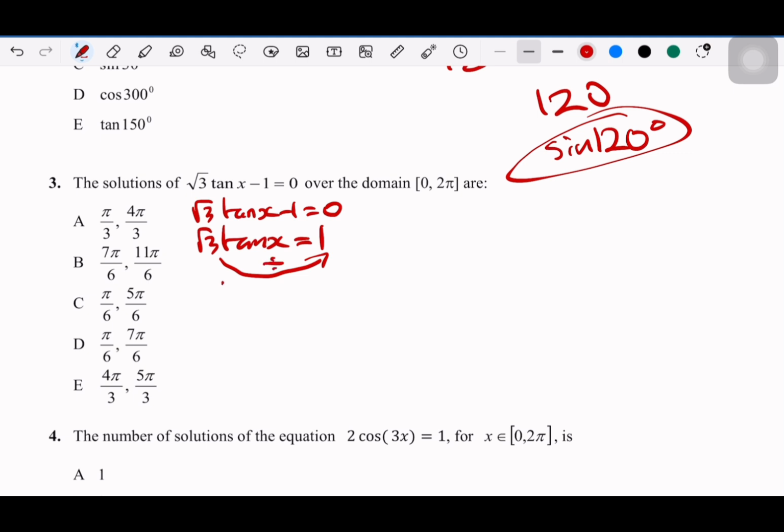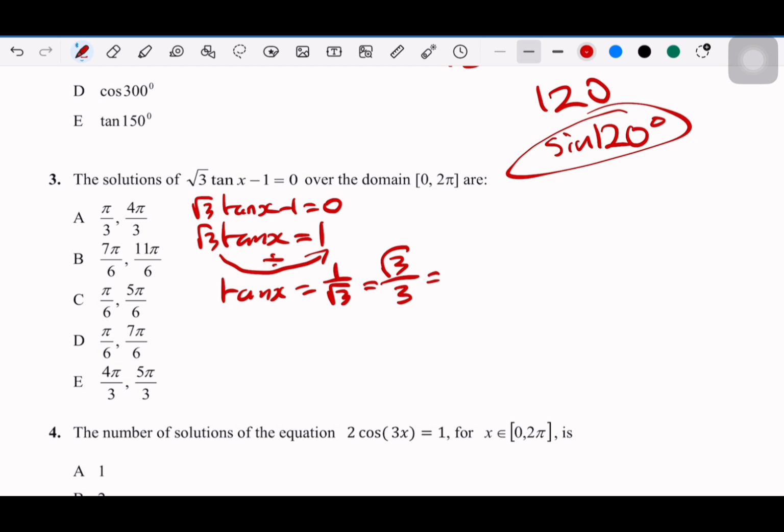And so you get tan x equals 1 over root 3, which is root 3 over 3 after rationalizing. That gives the angle of 30 degrees, tan 30 degrees, which is also pi on 6. So you have the angle positive pi on 6.